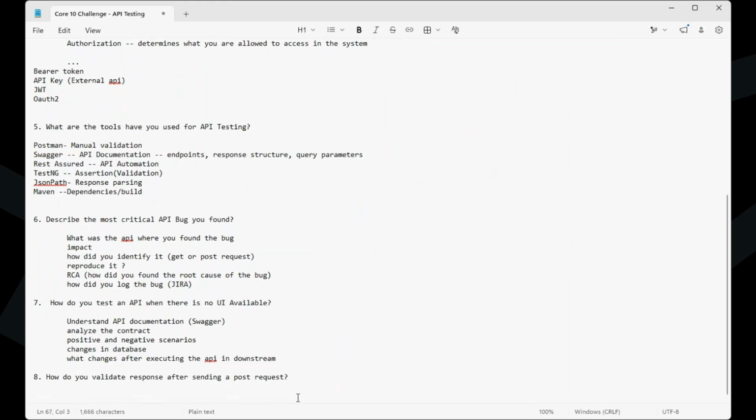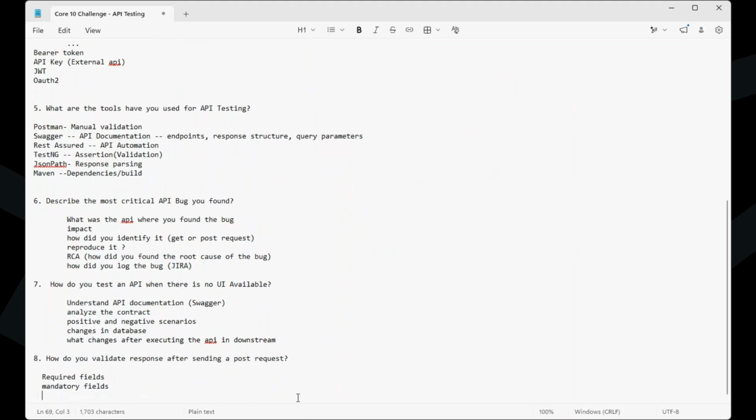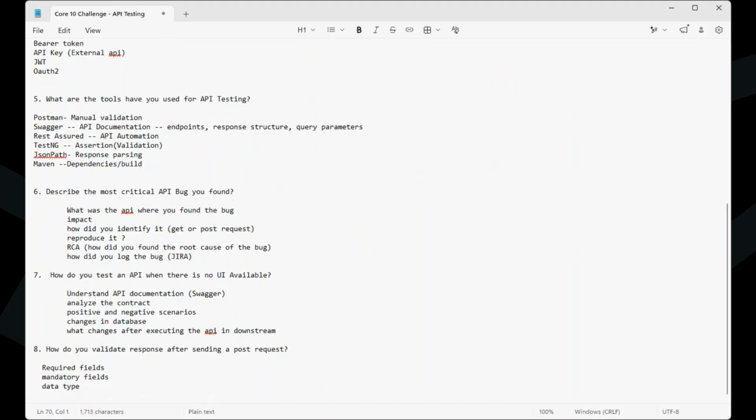I check, you check, let's say you validate required fields, mandatory fields. You validate data type. Then you validate duplicate data.